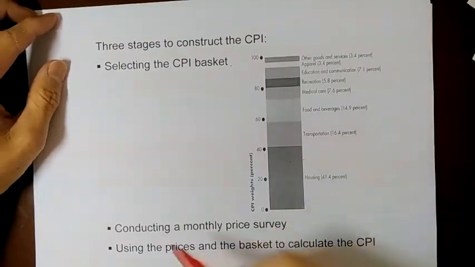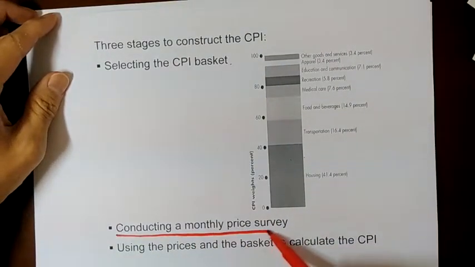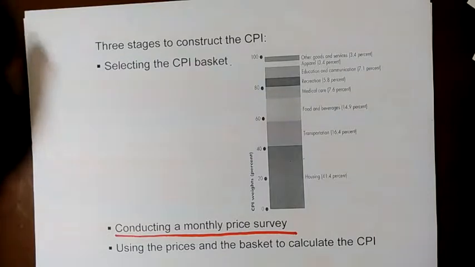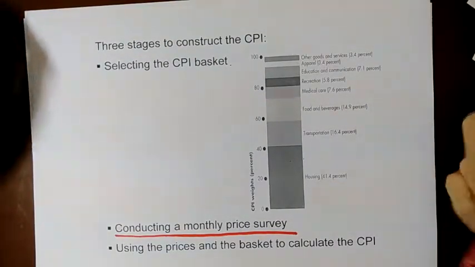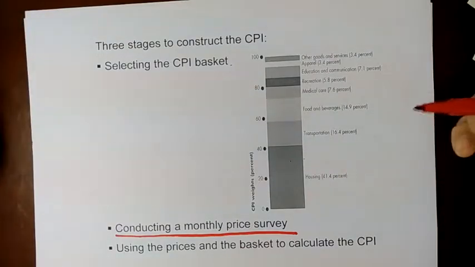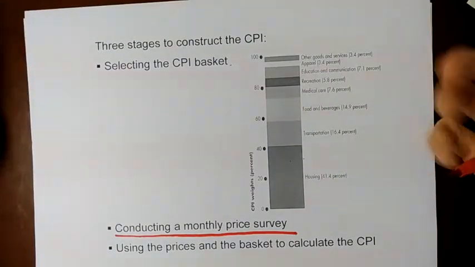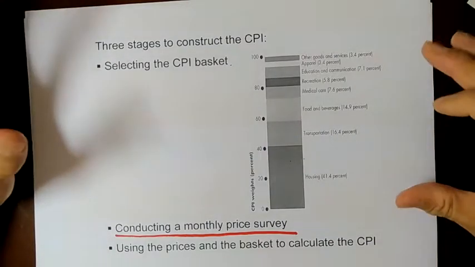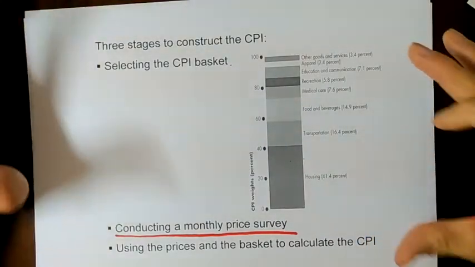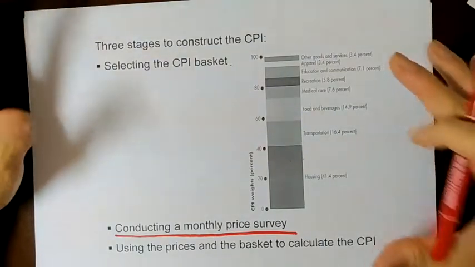The second stage is to conduct a monthly price survey. So they call, say for example, Walmart and ask, okay, how much are your apples? And they conduct a survey on this basket of goods to see what their prices are.